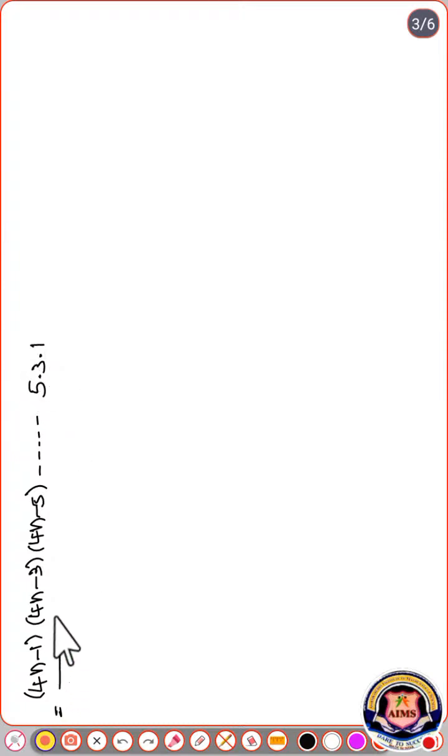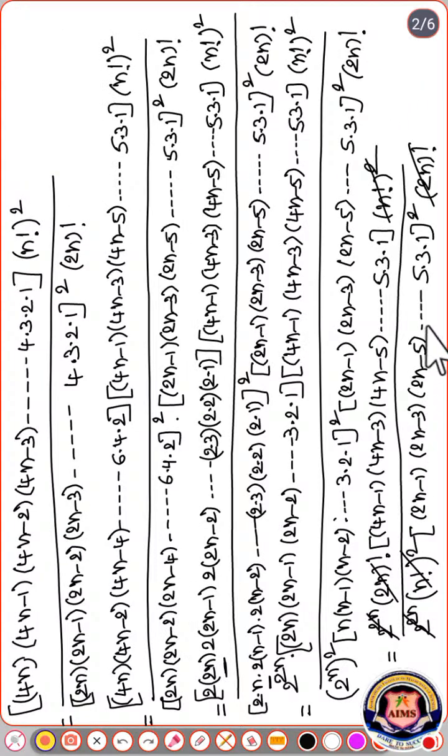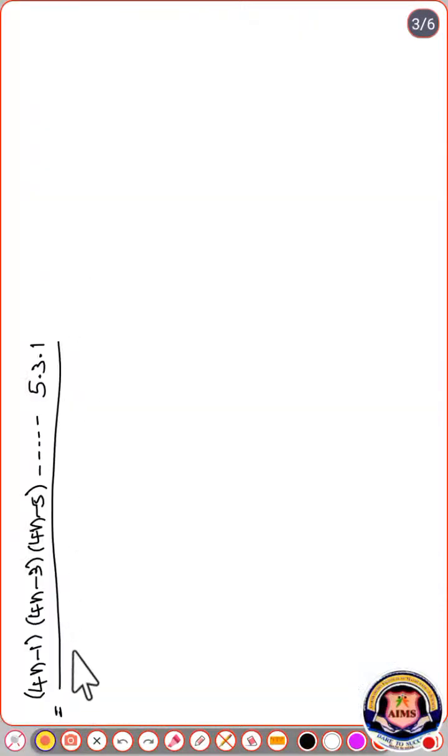Okay, the remaining value from the numerator is 4n minus 1, 4n minus 3, 4n minus 5 and so on to 5, 3, 1 whole, divided by the denominator value 2n minus 1 into 2n minus 3, 2n minus 5 and so on to 5, 3, 1 whole square.